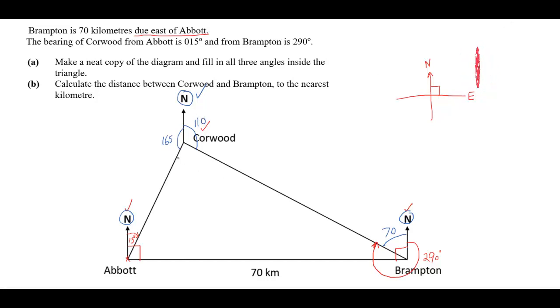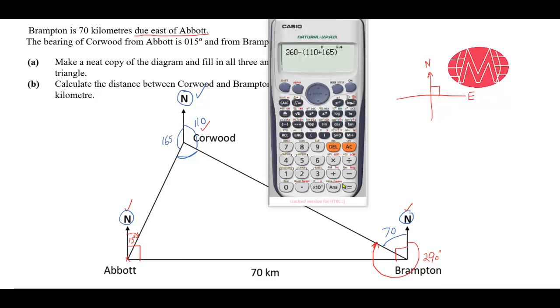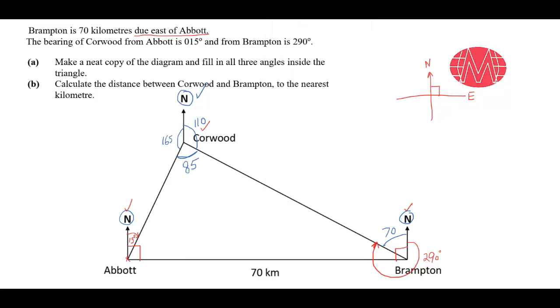Now we can easily calculate this angle by subtracting the sum of 165 and 110 from 360. It is 85. Similarly, you can observe over here, this total angle is 90.